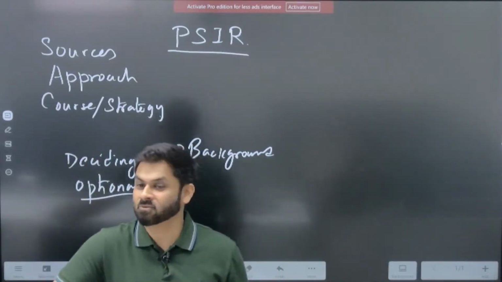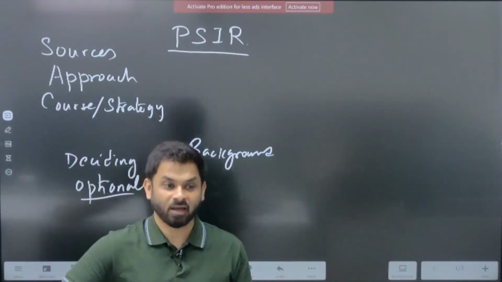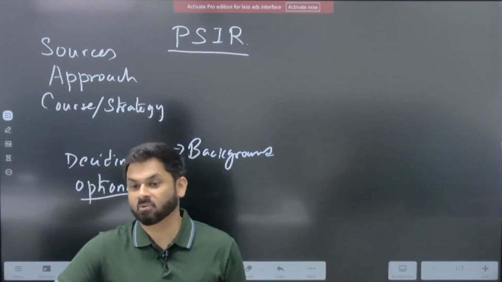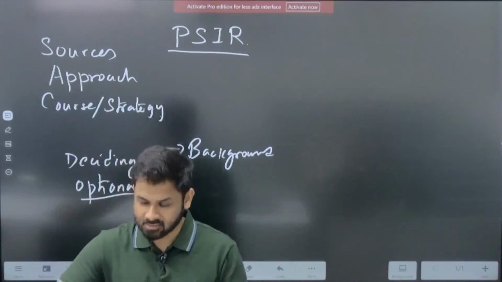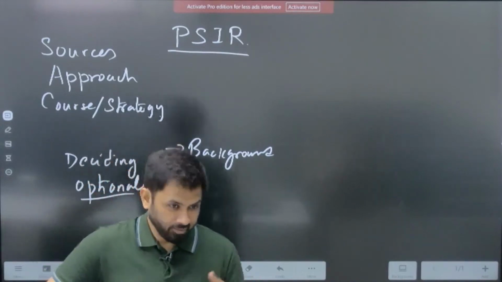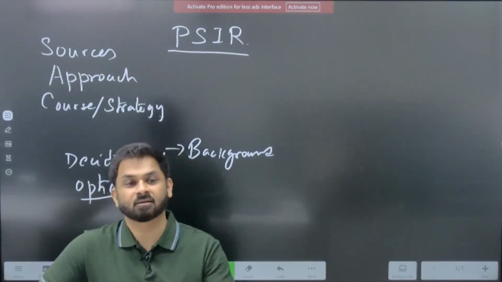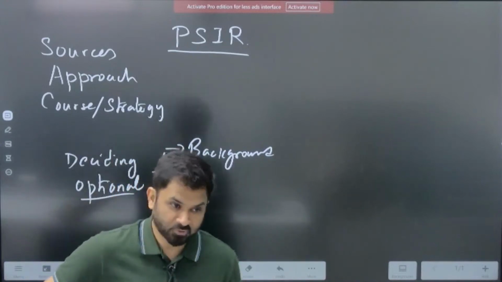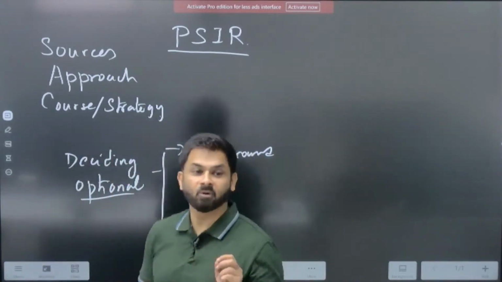So you don't have to be worried about what your background is if you are going to learn PSIR. But yes, certainly if you already have a background, then this plays a role in the decision of the optional, but I don't consider this to be an important factor.